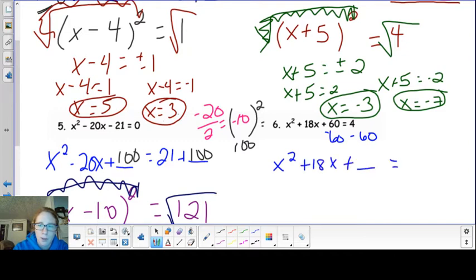Don't forget your plus blanks. 4 minus 60 is a negative 56, plus blank. Then what do I do? Yep, divide 18 by 2, which gives me 9. And then 9 squared, which is 81.